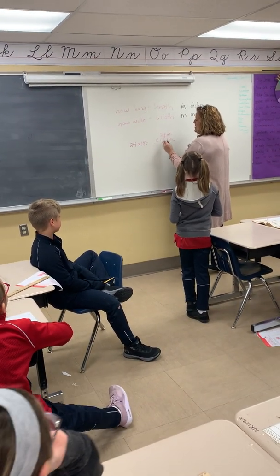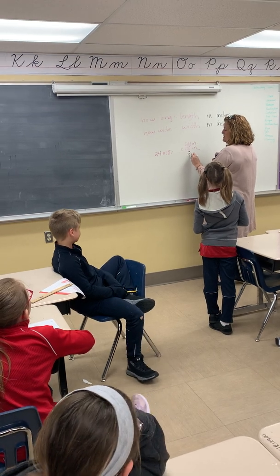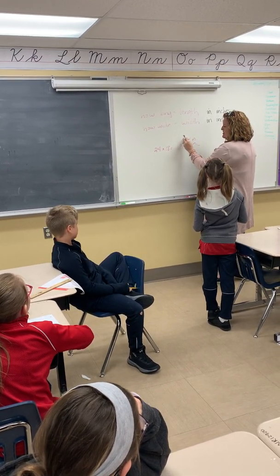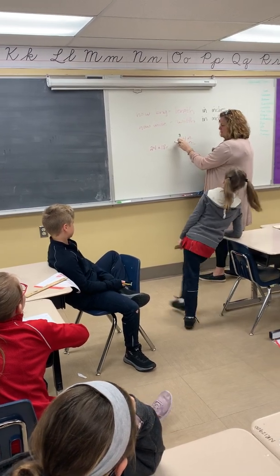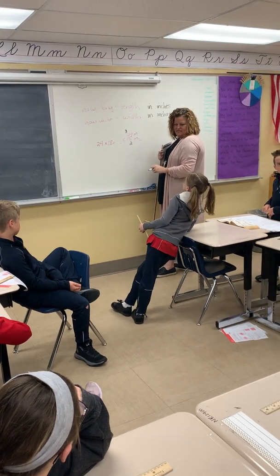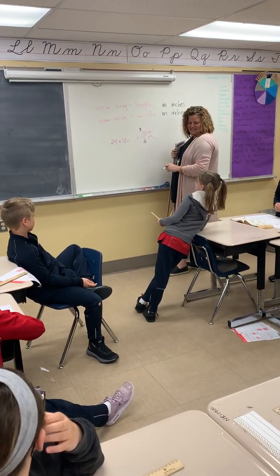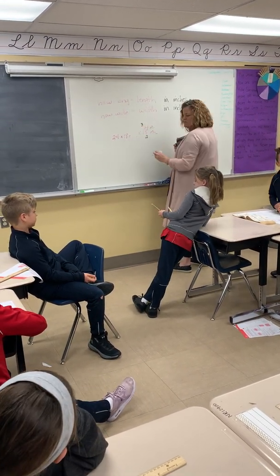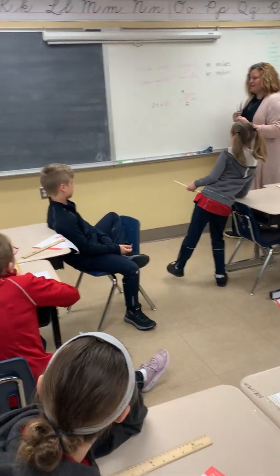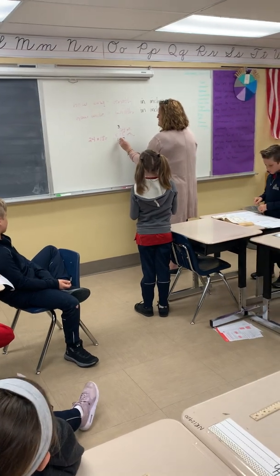Right. So we're going to put the 2 down here. We have 2 ones and 3 tens. I'm going to put a 3 in the tens column. 8 times 2 is 16. Right, 16 plus 3, because we have 3 more tens. 19. Okay, so we have 19.